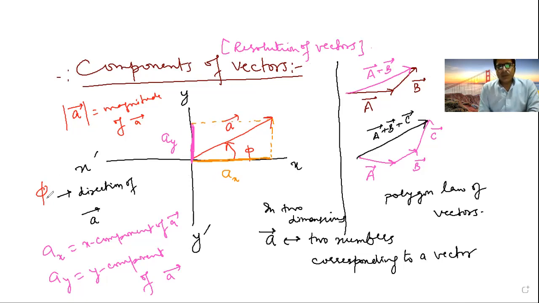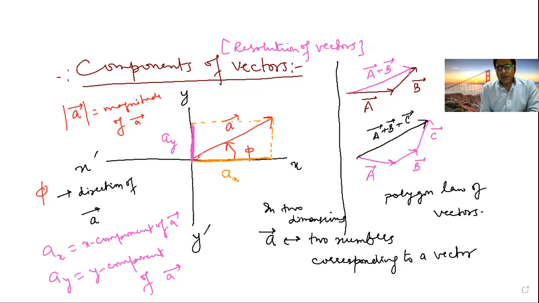Now I have a vector A. It has magnitude, it has direction, 2 numbers specified in 2 dimensions. If I change phi, the vector will change. If I change its magnitude, the vector will change. I draw a perpendicular from its tip on the x-axis and y-axis.